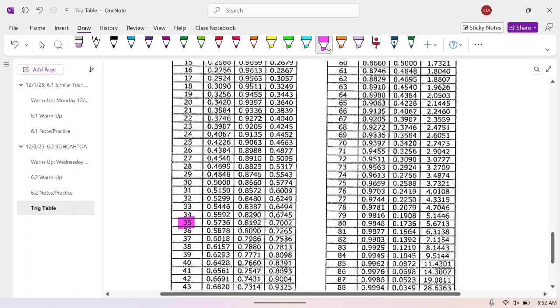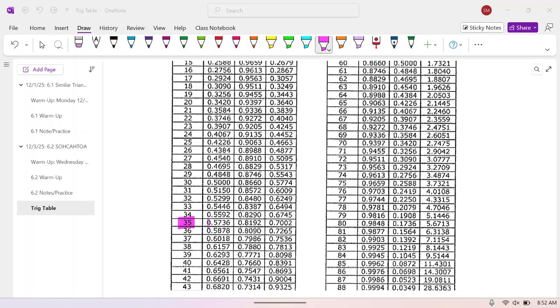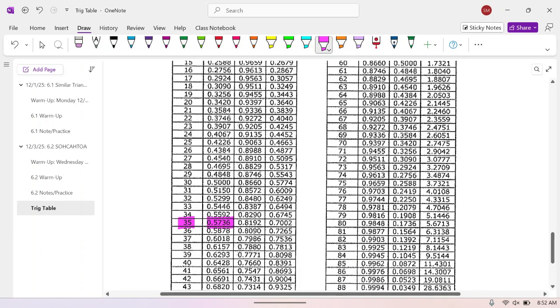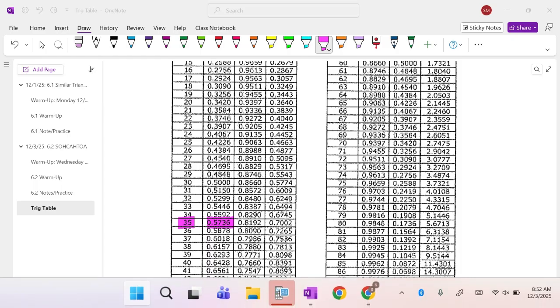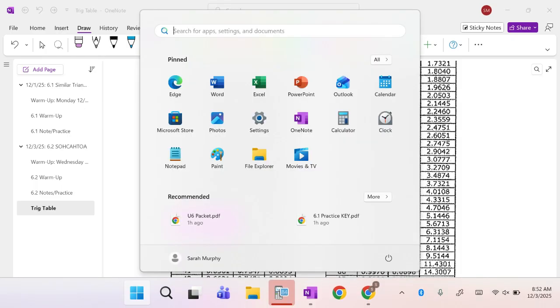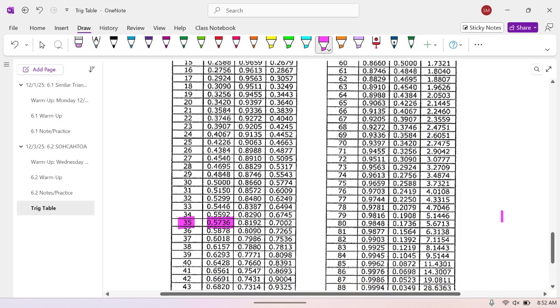And then I want the sine of it, so that's this column right here. So the sine of 35 degrees. That means if we had two triangles and we did its opposite over hypotenuse in reference to that 35-degree angle, we would get 0.5736.